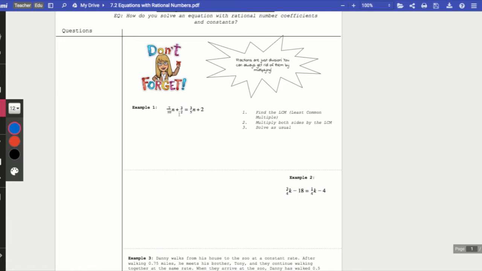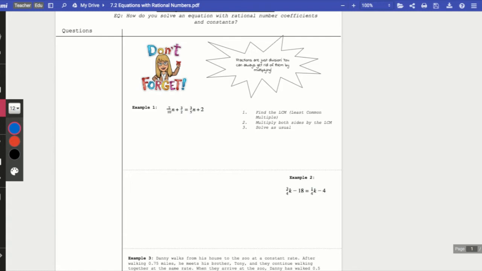Well, 2 goes 2, 4, 6, 8, 10. And since 2 does end up equaling 10, that's pretty good. And then 5, if I multiply by 5, I get 5 times 2, which is 10. So the smallest number that all of these multiply into is 10.